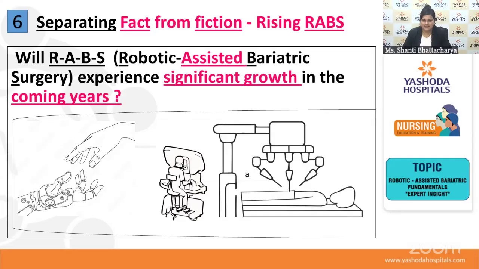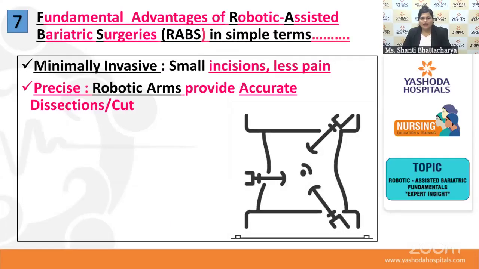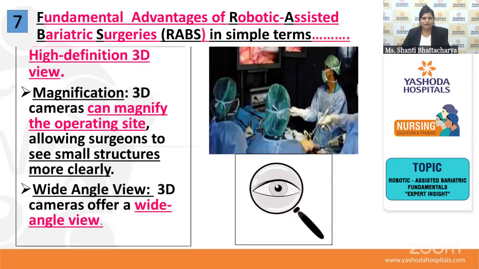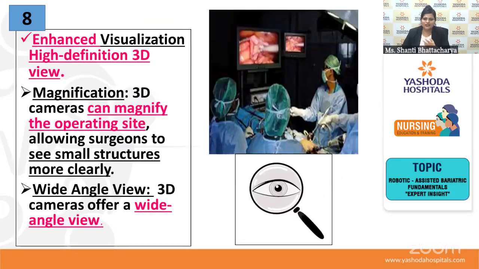When we talk about the fundamental advantages of robotic assisted bariatric surgeries in simple terms, as in these slides: minimally invasive, precise, because the dissection and cuts are very much to the point. And the magnification features, the organs displayed in a high definition 3D camera.